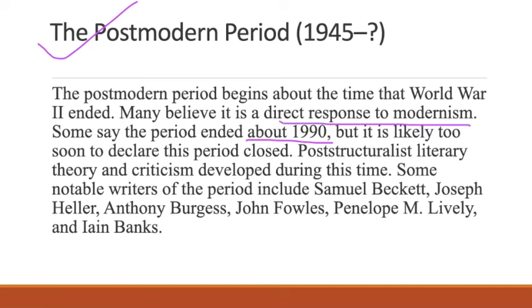The important notable writers are Beckett, Joseph Heller, Anthony Burgess, etc. So this is in brief the development of the history of English literature, the literary periods. Just watch it 2-3 times, then you will understand the entire development of literature. Thank you very much.